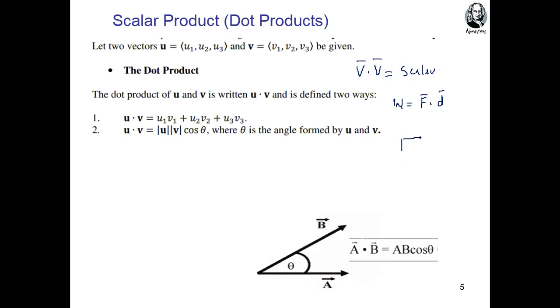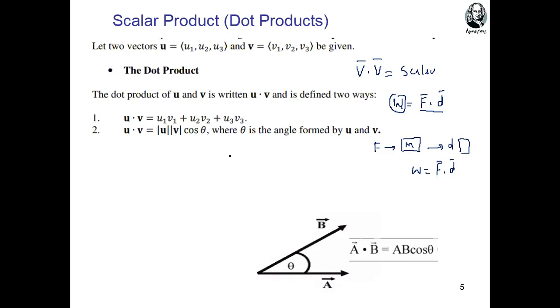When you apply force on a body, it displaces some distance. Both force and displacement are vector quantities, but the result is work, which is a scalar quantity. For work, we don't need direction.